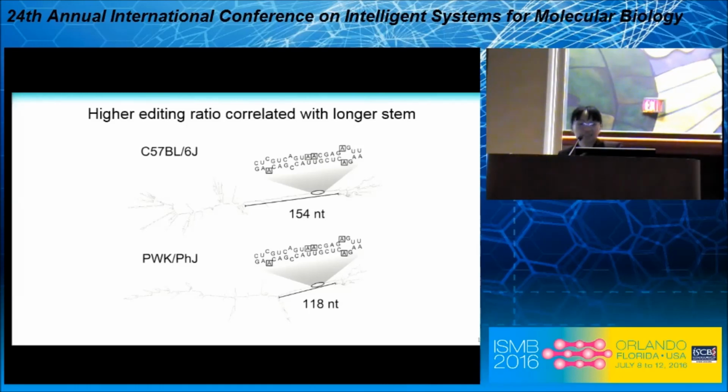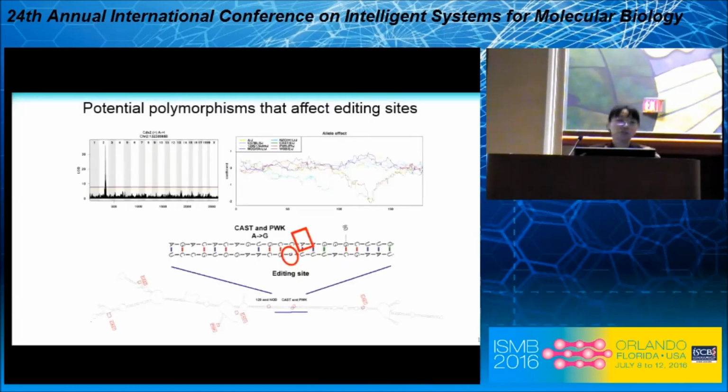And sometimes we can predict the exact polymorphism that affects A2I editing sites. Here is an example where one editing site in CDS2 is mapped to chromosome 2, and CAST and PWK are the 2 alleles with the lowest editing efficiency. And here shows the local secondary structure around this editing site.